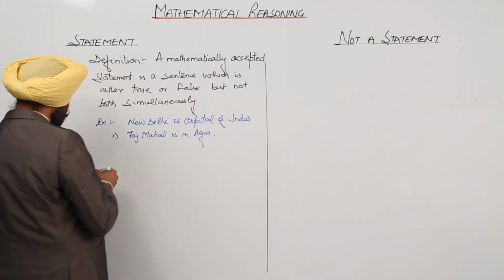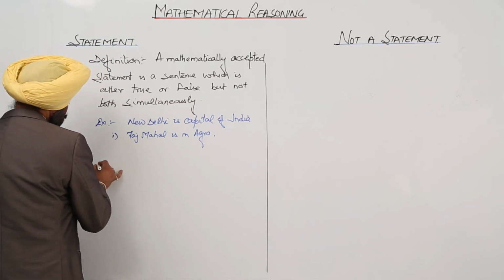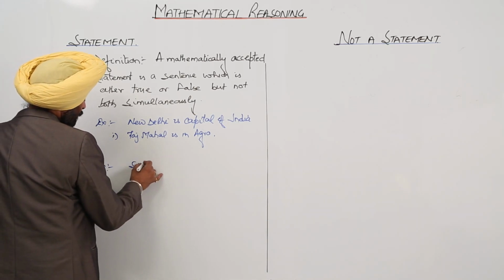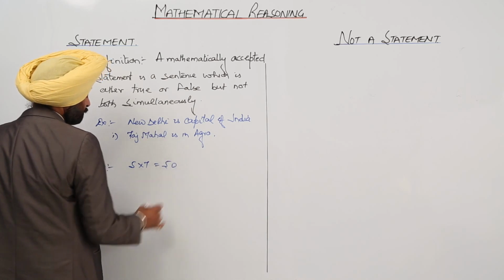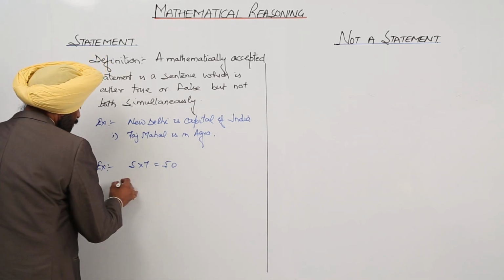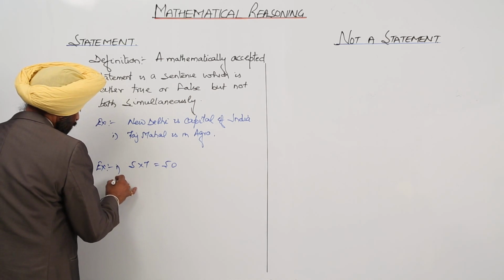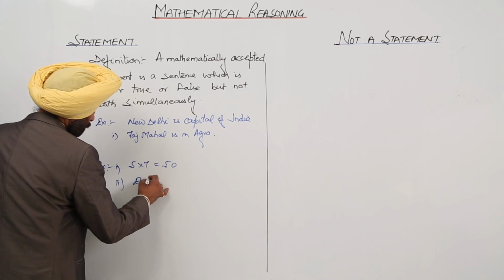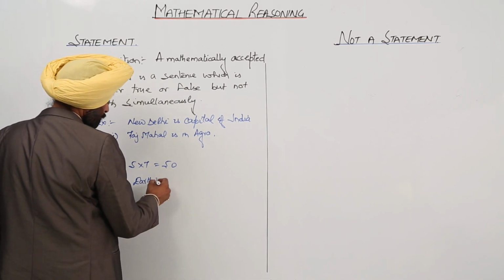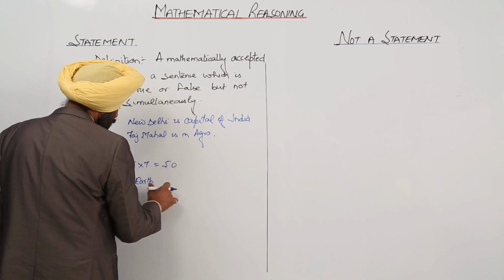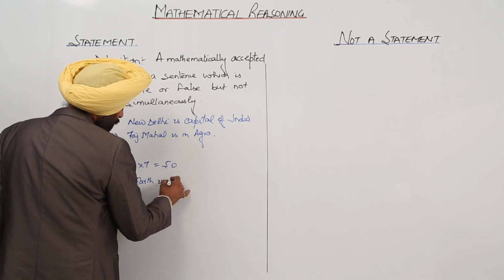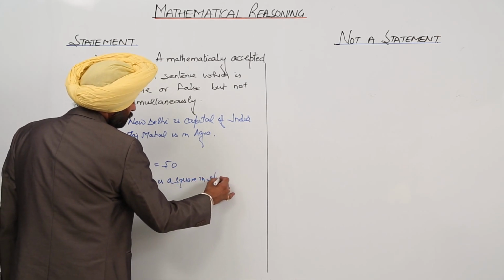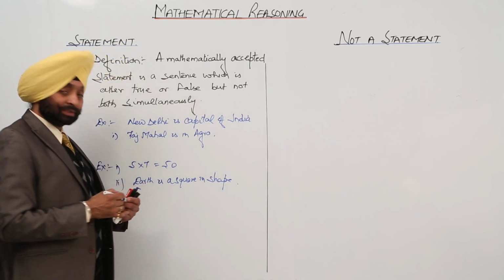Okay, then we can have the example 5 times 7 is equal to 50. Okay, then we can have Earth is a square in shape. So we can take a number of examples.